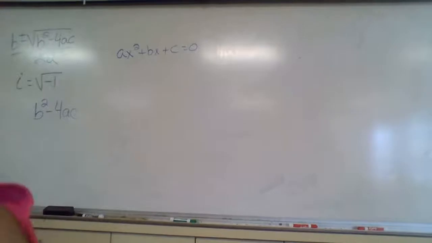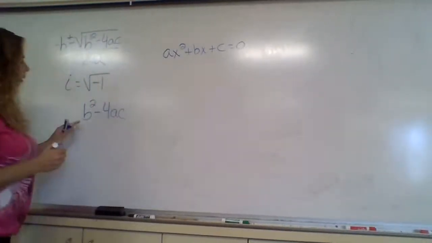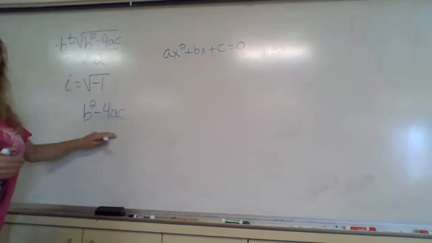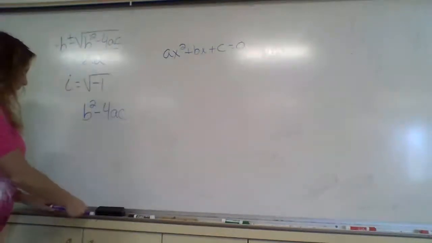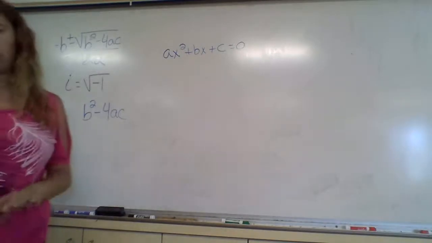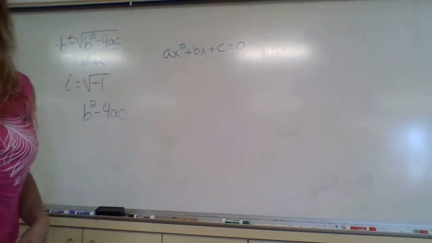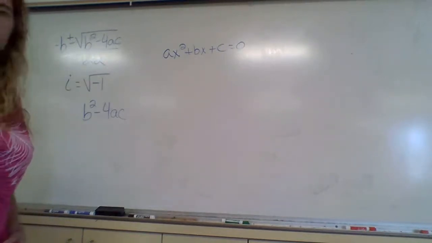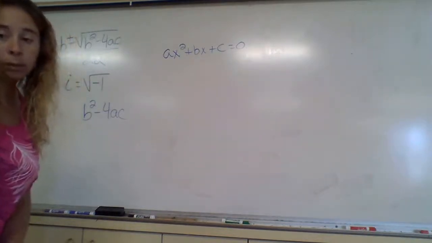So this is your discriminant. b squared minus 4ac. Okay. So they give you equations, and you have to use the discriminant to determine the nature of the roots. So are they complex or are they real? If they are real, are they rational or irrational?